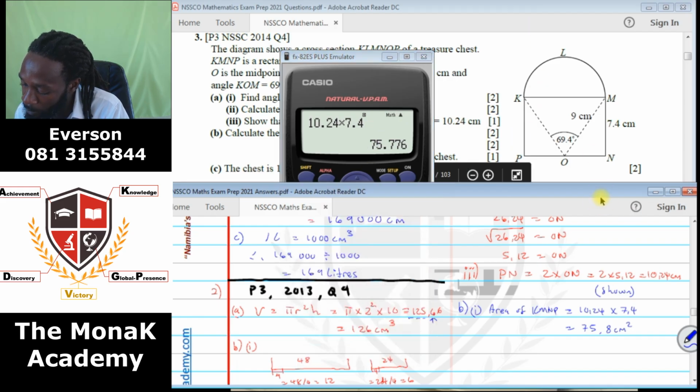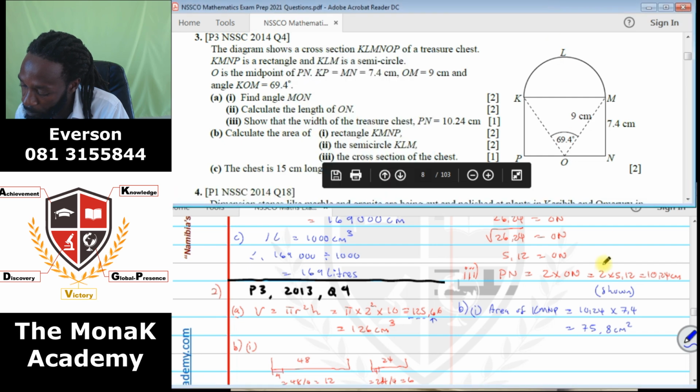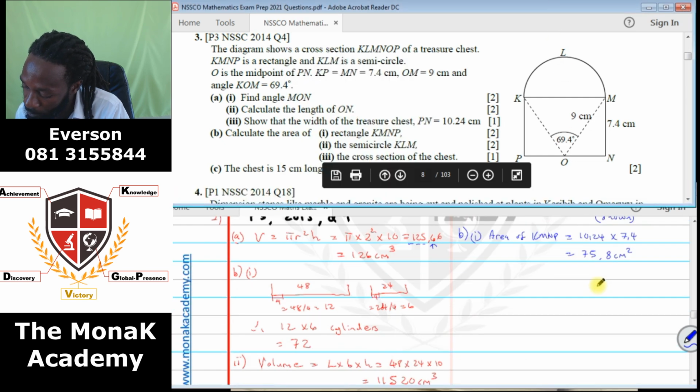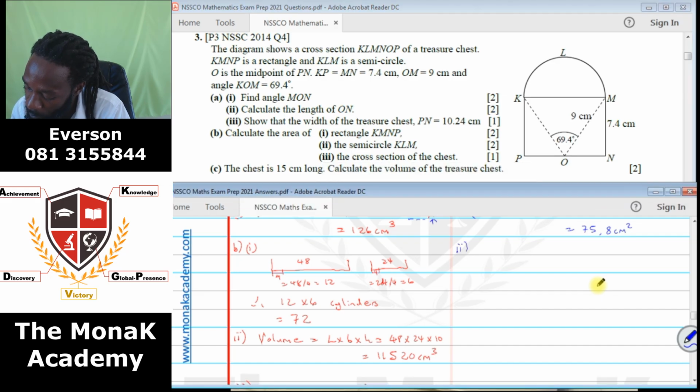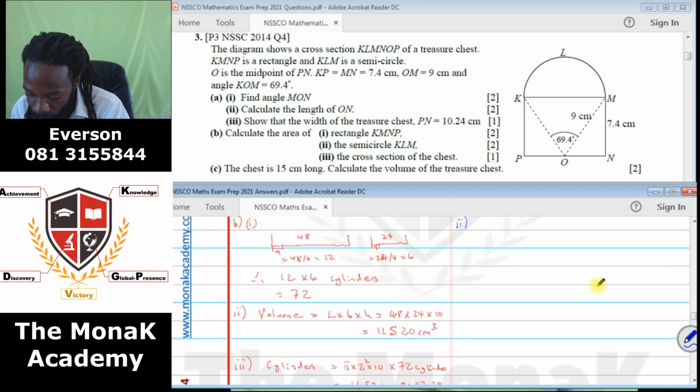Next up, part 2. The semicircle. Calculate the area of the semicircle KLM. So semicircle, it's simply pi.